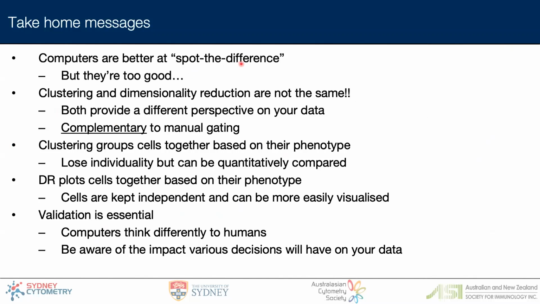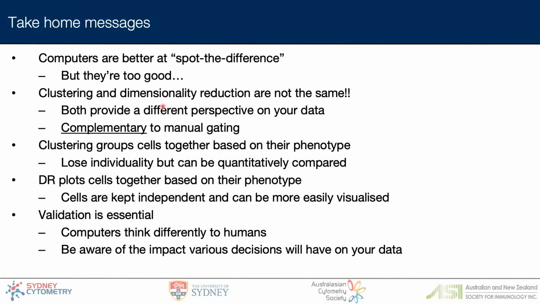So just a few take-home messages, I guess. Computers themselves are better at spotting the difference, but they can be too good at this. And as I've said, I think this is the crux of the issue, why we can get so many discrepancies between what humans can find and what computers can find.